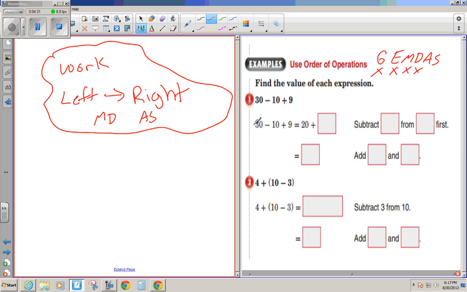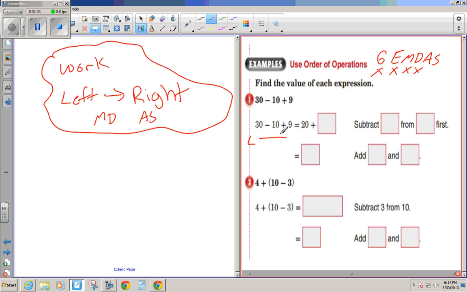So, looking at this, working from left to right, 30 minus 10 gives us 20. So you still have plus 9. So you subtract 10 from 30 first. Then you simply add 20 and 9, and you get 29.